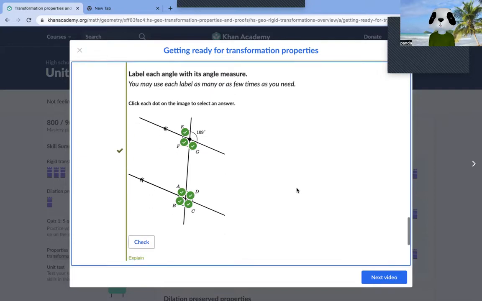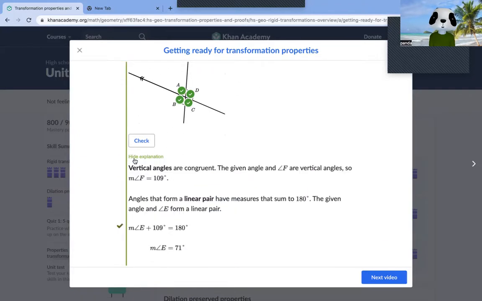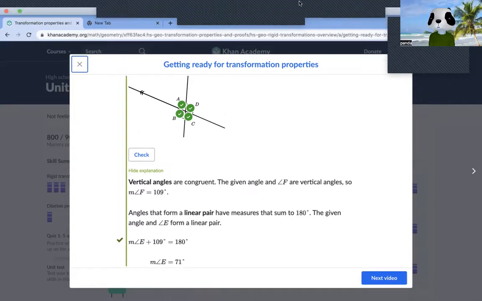Just for kicks, I'm going to explain again. Vertical angles are congruent. So the given angle and angle F are vertical angles, so the measure of F equals 109.